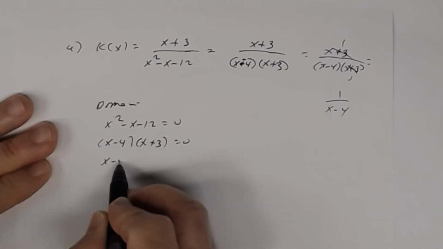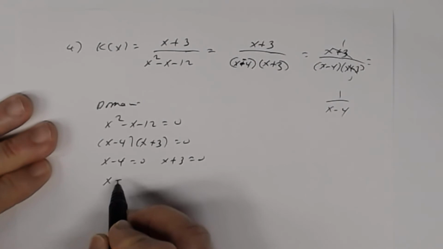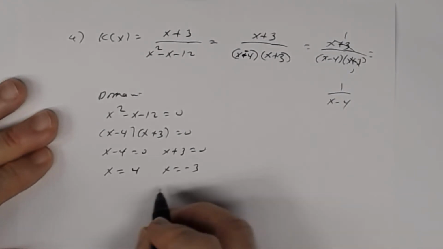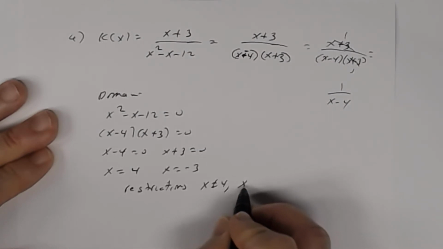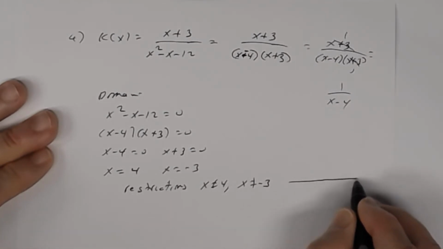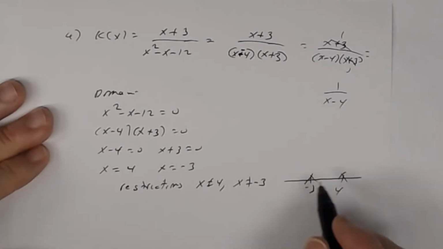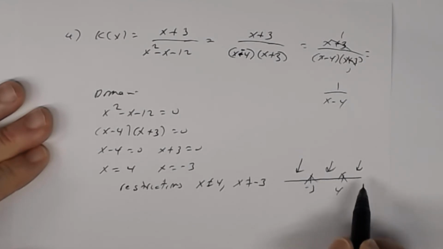And then you set each factor equal to 0, just like we did. And you got 2 restrictions, correct? So my restrictions are that x cannot equal 4 and x cannot equal -3. We're going to put that on the number line in order, cross those out, and notice that my domain will consist of 3 intervals.